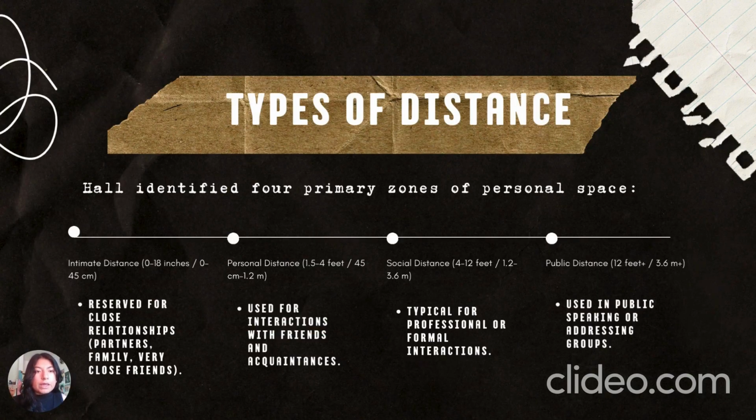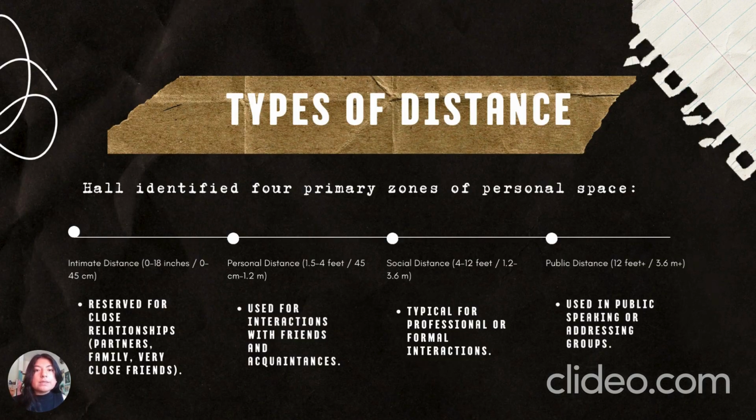So, here we have the types of distance. As I mentioned before, Hall identified four essential and primary zones for personal space. The first one is intimate distance, which ranges from 0 to 18 inches or 0 to 45 centimeters.